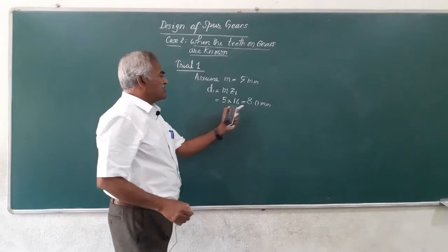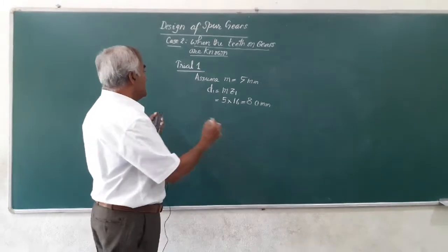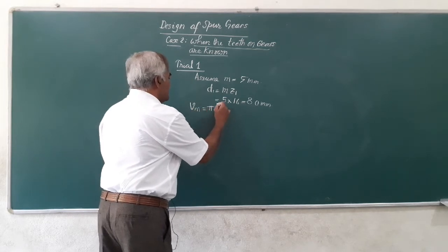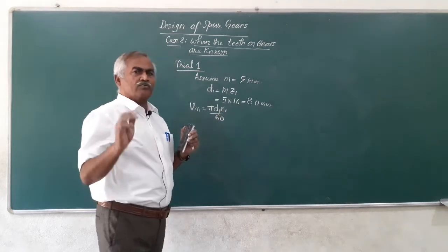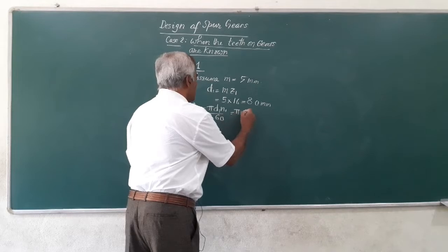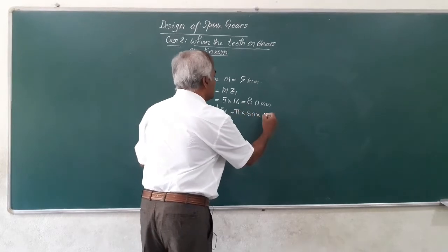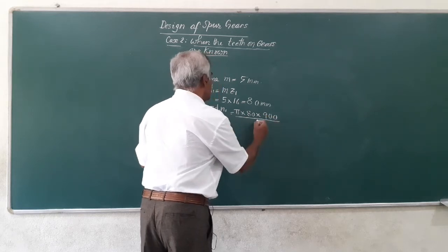Friends, once you know this diameter, you will be able to find out the linear velocity Vm. Vm, mean velocity, is pi d1 n1 by 60, which is also equal to pi d2 n2 by 60, that is pi into d1 is equal to 80, n1 say some 900 rpm is given, assume, and then divided by 60.